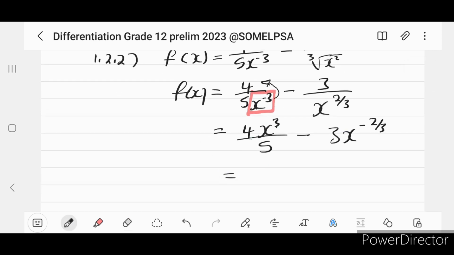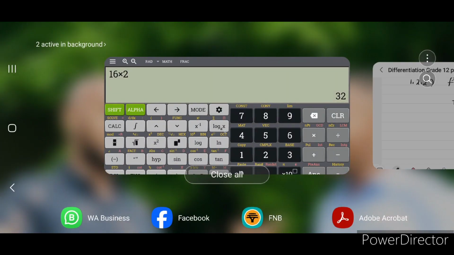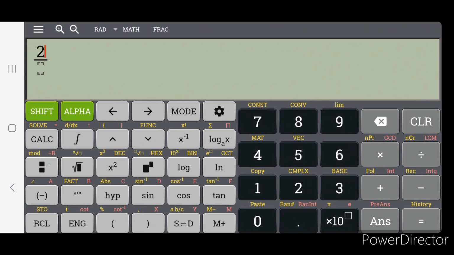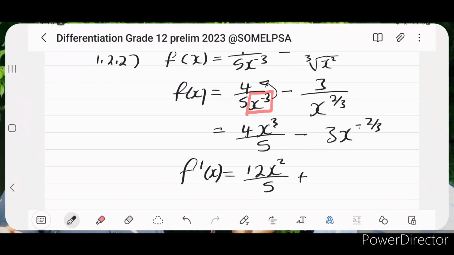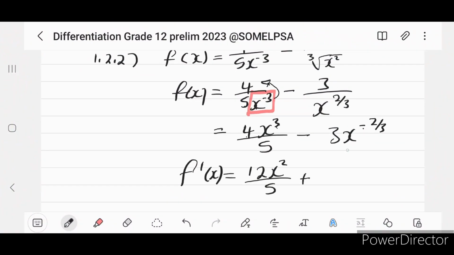Therefore, now I can derive. The derivative equals 3 times 4. 3 times 4 is 12, x squared over 5, so minus times minus is going to be plus 2 over 3 times 3. 2 over 3 times 3 is 2. So it's going to be 2x to the minus 2 over 3 minus 1.